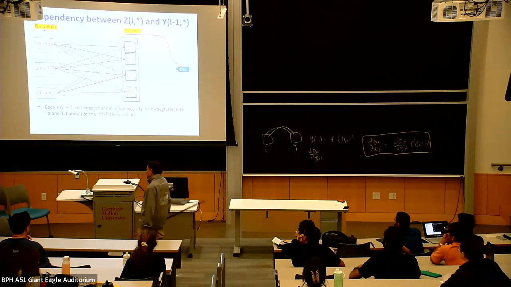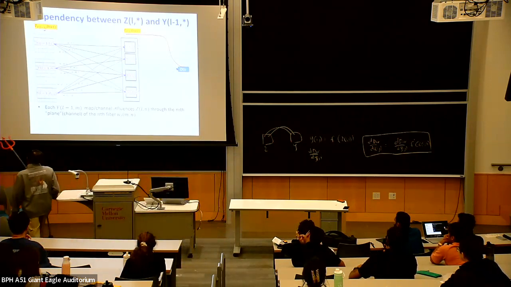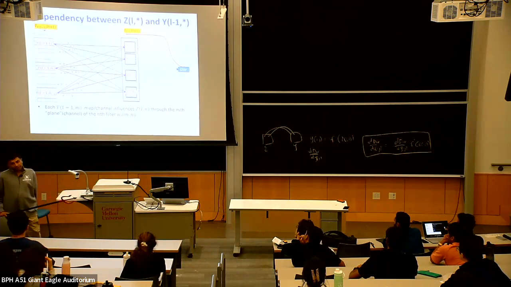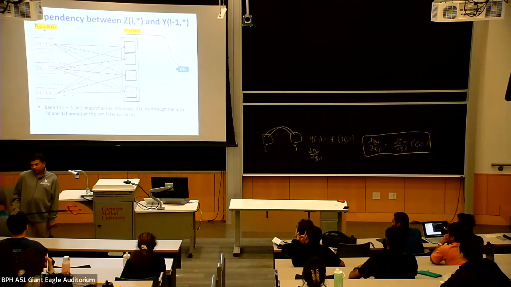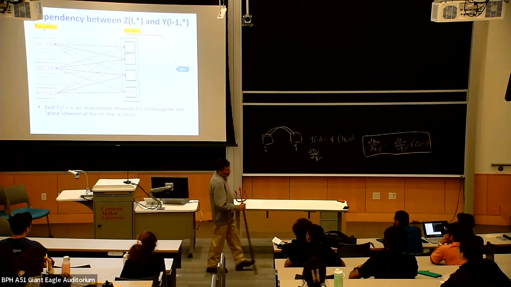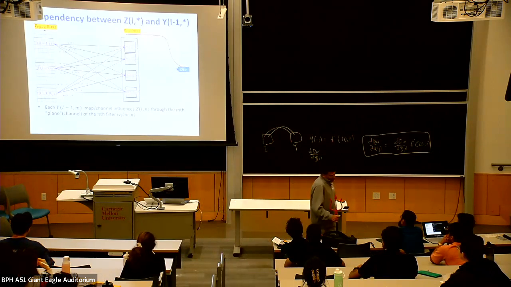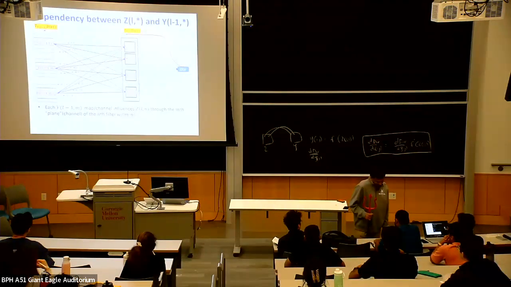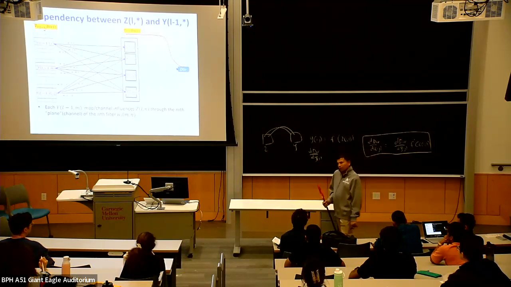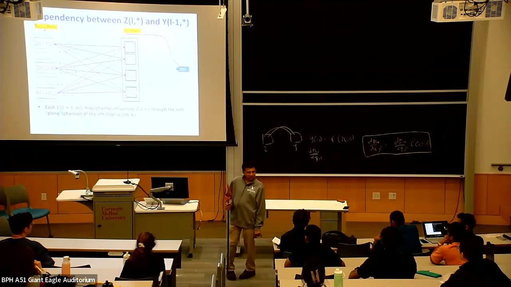But then, if I'm interested in computing the derivatives for any given y, how many output channels does it influence? How many output channels does any given input channel influence?